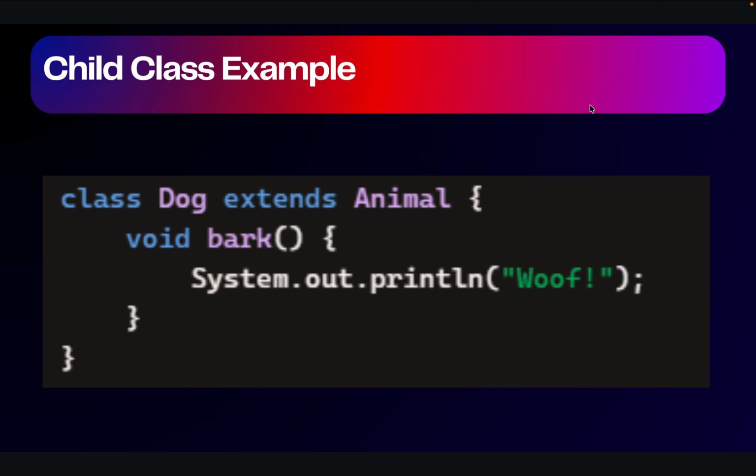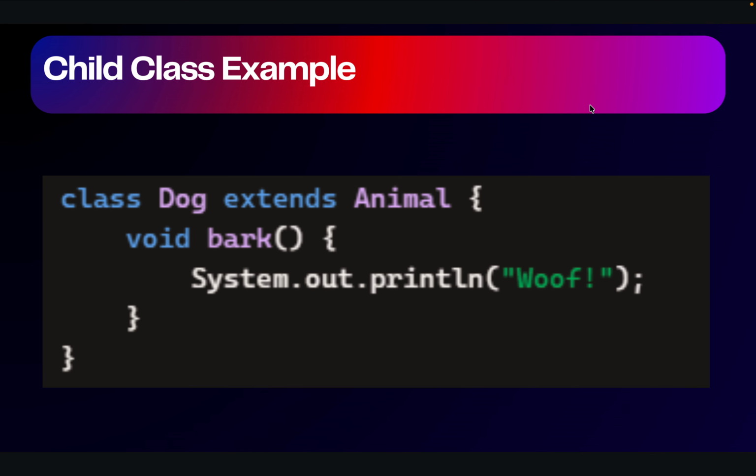So we don't need to replicate name here, and we also don't need to replicate the eat method either, because the Dog is going to automatically receive those fields and methods. The only thing different is an animal might not necessarily bark, but a dog would. This is the case where it has its own methods. So in this class, we have a method called bark, because not all animals bark, but a dog does. Therefore, that is why it has its own method.